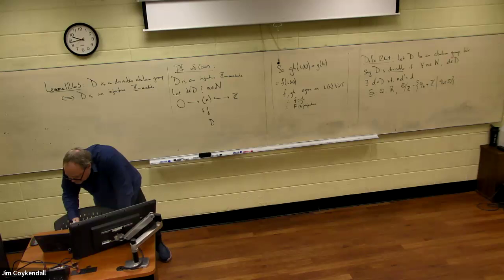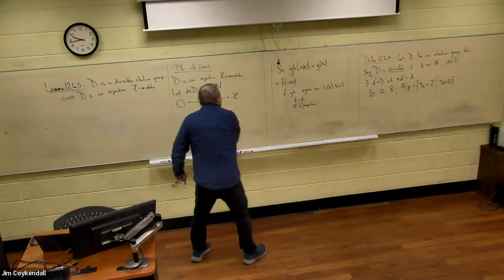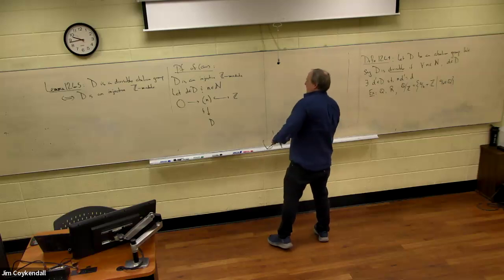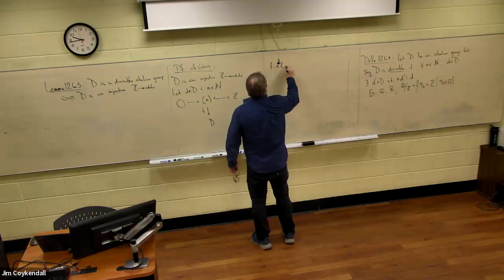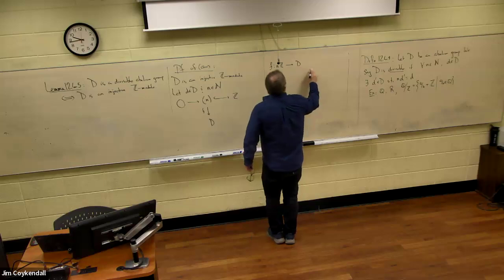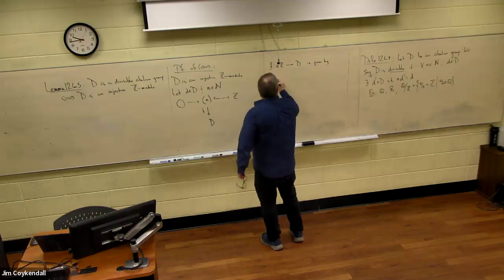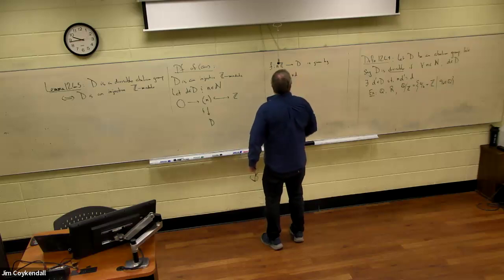F from NZ to D is given by F of NK equals KD.